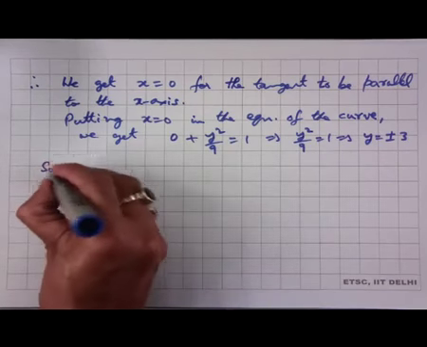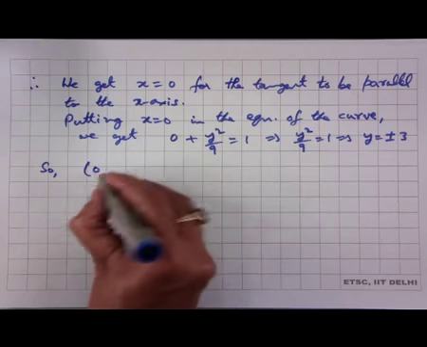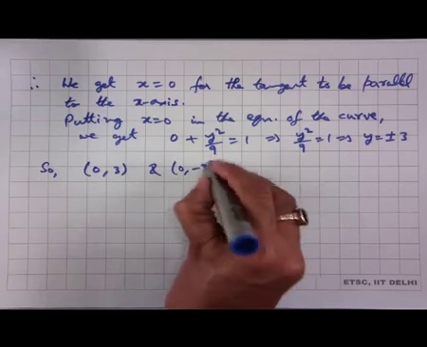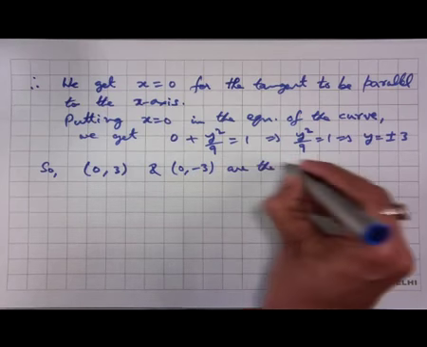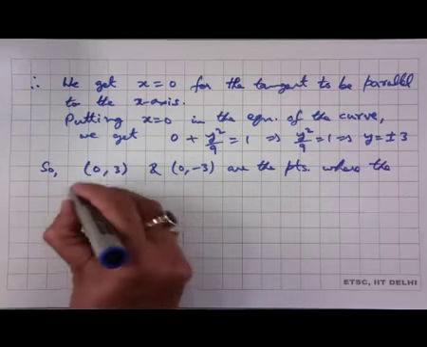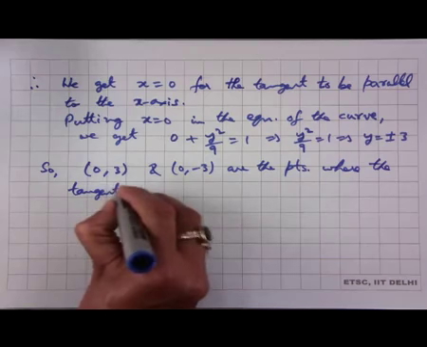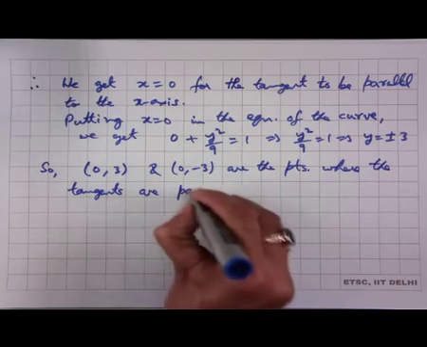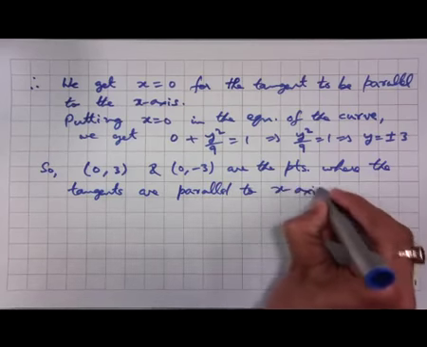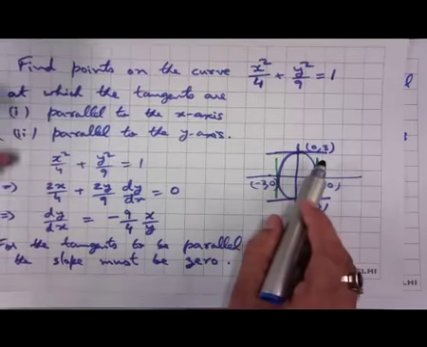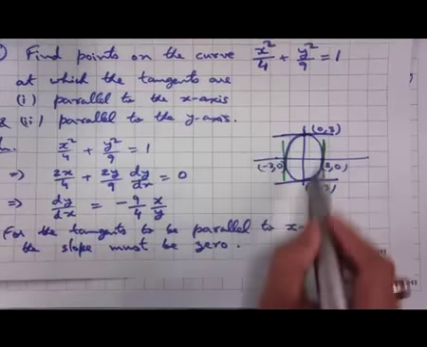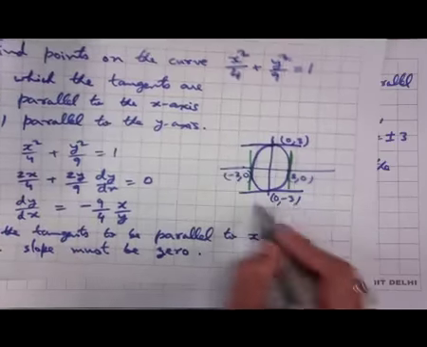So, 0 comma 3 and 0 comma minus 3 are the points where the tangents are parallel to x axis, which we also observed by looking at the graph of this ellipse.